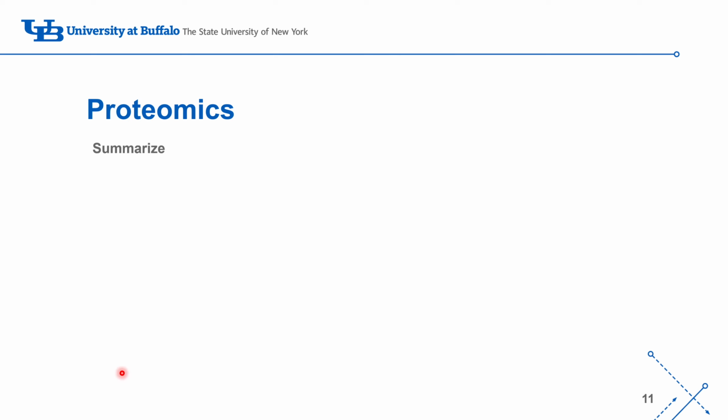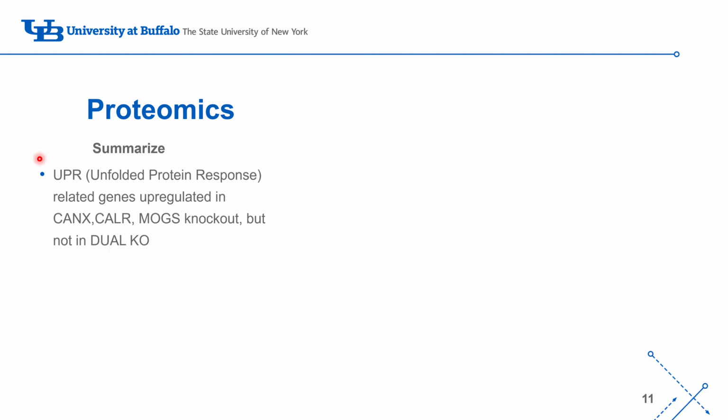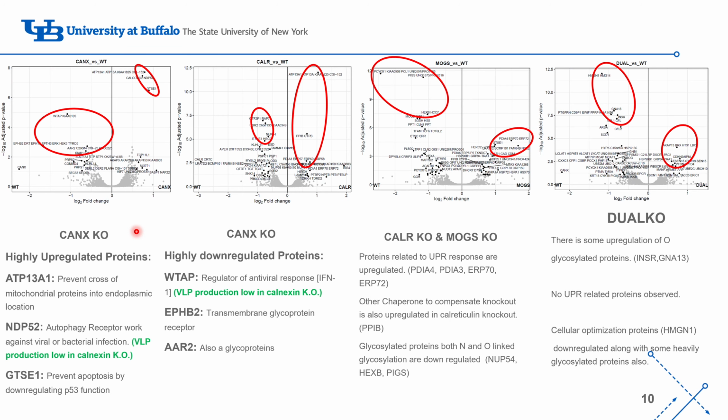So what are the main findings that we observed from the proteomics is that there is a UPR response that we can see in some of the knockouts, but we do not see in any other knockout. We do not see any UPR response signals in the dual knockout.